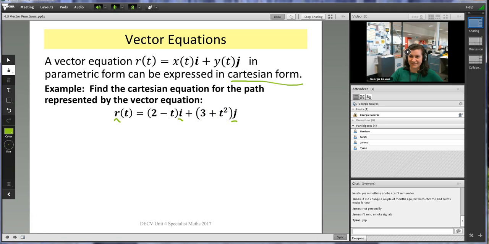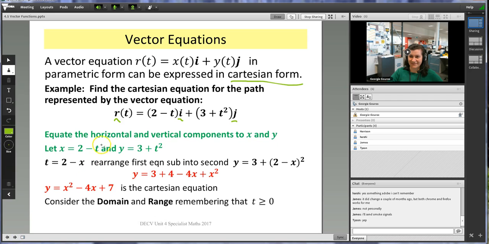So to turn this into a Cartesian equation, you just simply equate the i component with the x variable, because that is defining the x coordinates of the path of that object, and the y coordinates are defined by the j component, which is 3 plus t squared.